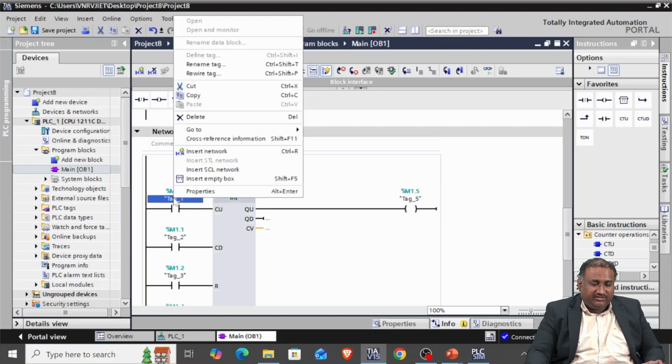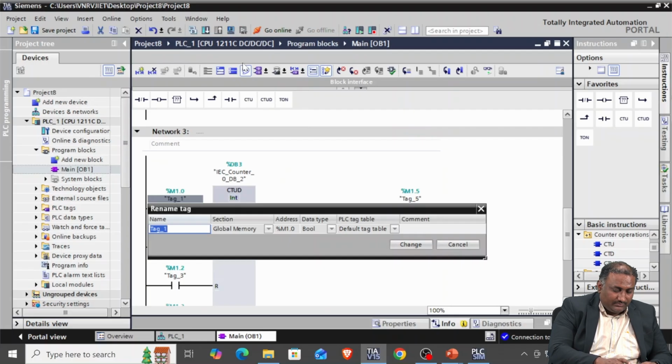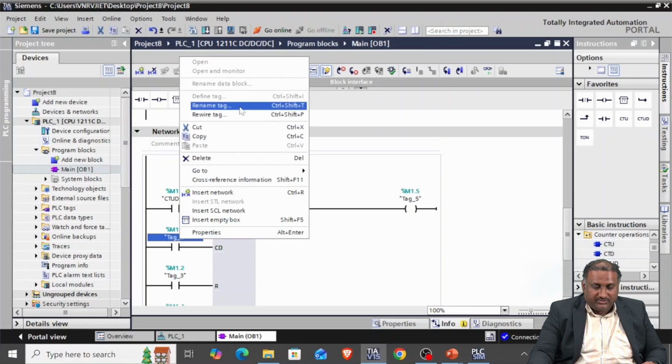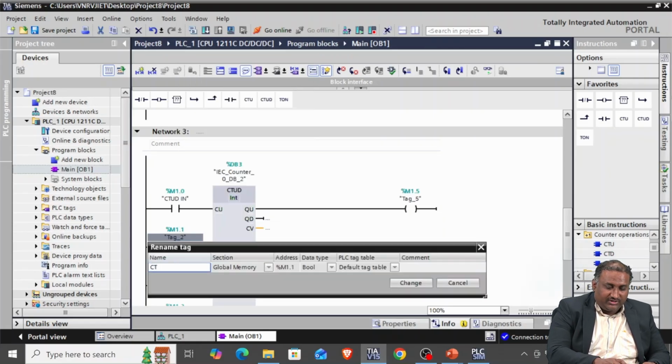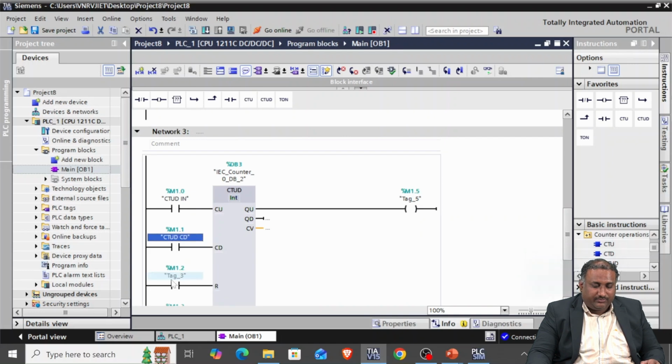This is my up-down counter input. This is my up-down counter output pin. Not exactly output pin, see, the down counter input.